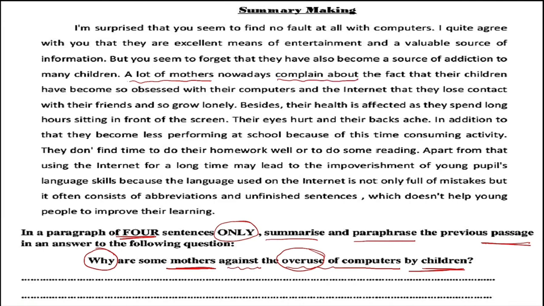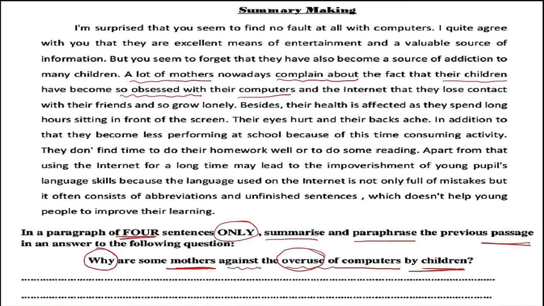So if you compare here, you have a lot of mothers against, which is the same meaning as complain about their children. We're talking about children who have become so obsessed with their computers and the internet, and they lose contact with their friends and so grow lonely.